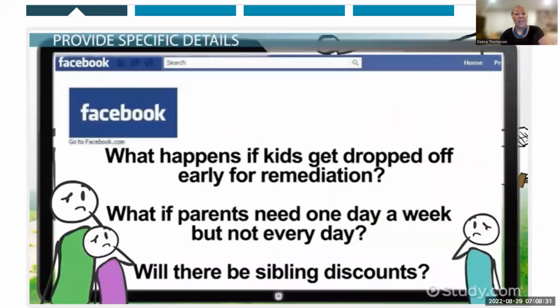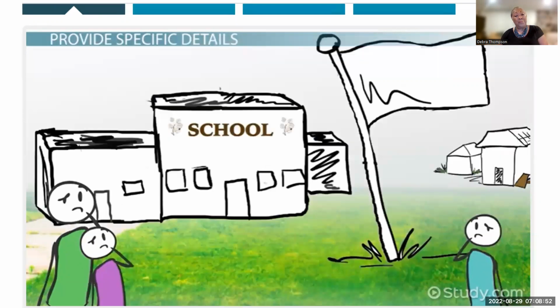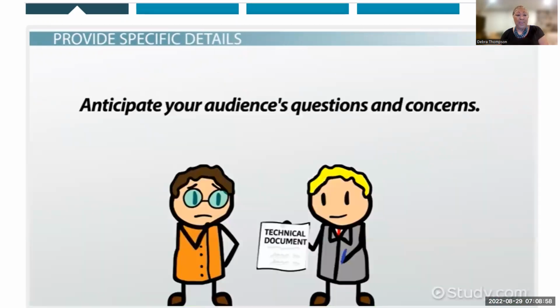But by the end of the day, parents had a lot of questions, and the school's Facebook page was full of questions, such as, what happens if kids get dropped off early for remediation? What if parents need 1 day a week, but not every day? Will there be sibling discounts? By the end of the day, the school removed the information from their Facebook page.